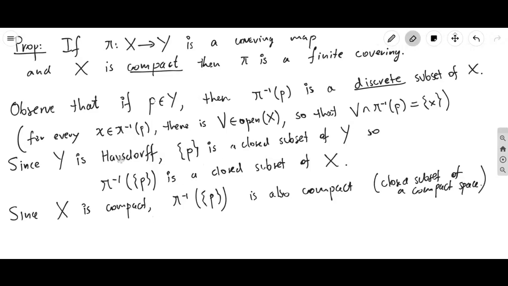So here's the Euclidean version. If this Hausdorff and compact stuff bothers you, imagine that these are regions in Euclidean space. A single point in Euclidean space is a closed set. When you pull back a closed set, you get a closed set. So this is going to be some kind of closed subset of x.